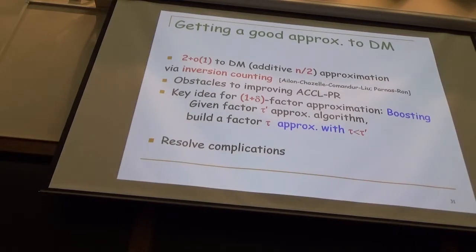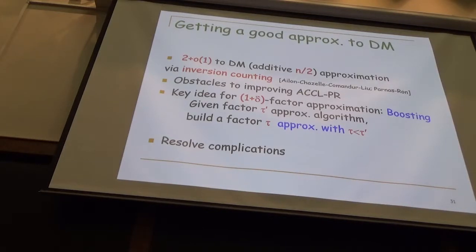So the answer is 1, but if I don't examine the entire array, then I won't find it. If I only examine, let's say, half the array or a third of the array, I'm very unlikely to find it. And I will not be able to tell the difference between that and a completely sorted array. So I'll be completely in the dark between the answer 0 and 1. So I can't really get a multiplicative approximation.